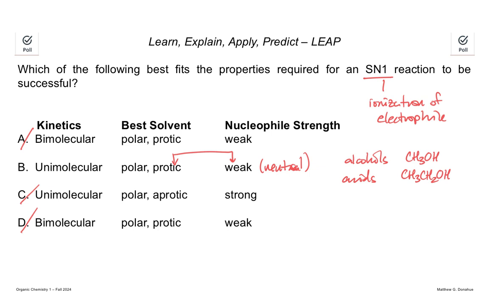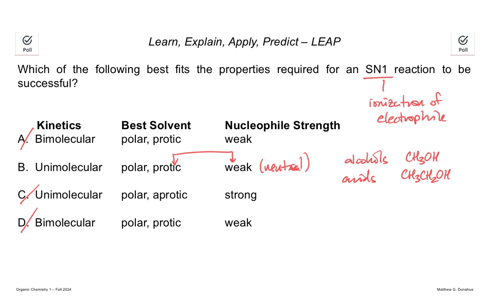Because really at that point, I would say any alcohol that can be miscible in water is probably a good one. When you get up to like hexanol, that's probably no longer a good one because it's not soluble in water, which means it's not going to be a good ionizing solvent.